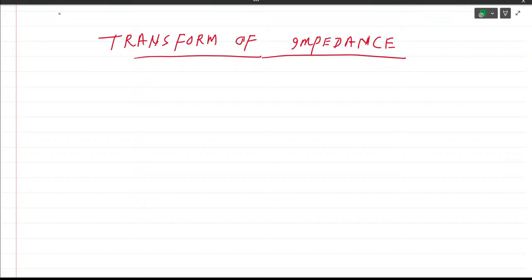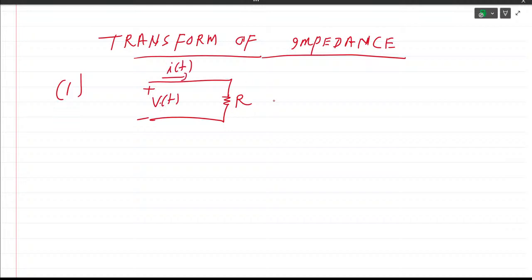So first is the resistance. In the circuit, you have a resistance. The voltage across the resistance is v(t) and the current is i(t). The time domain relation is v(t) equals R i(t).